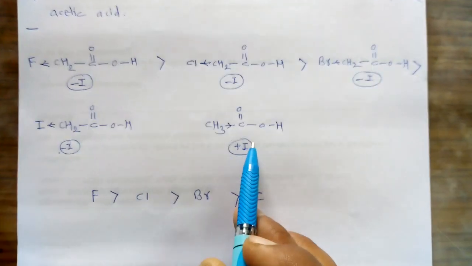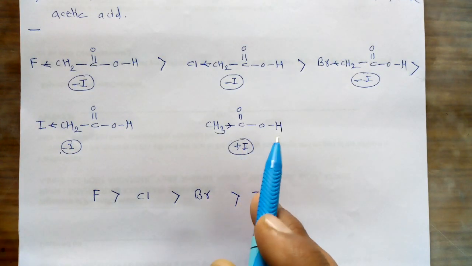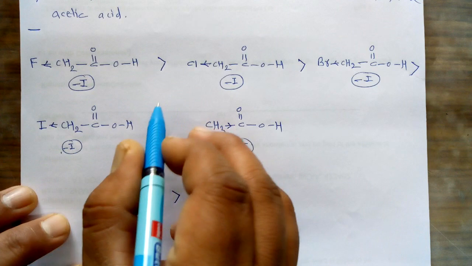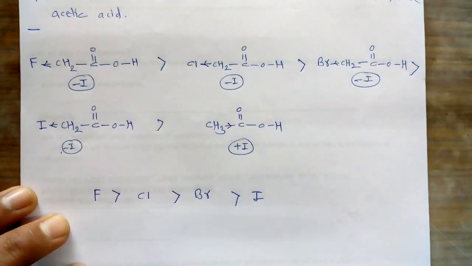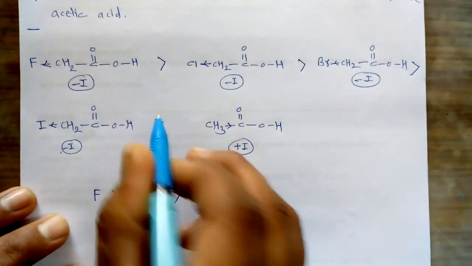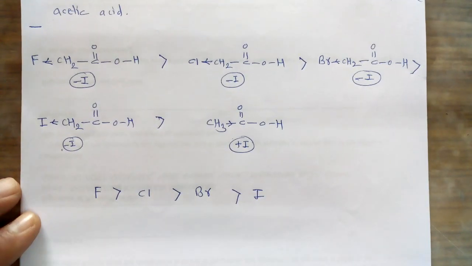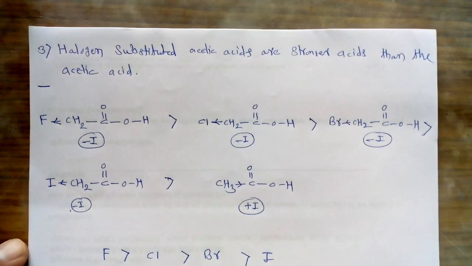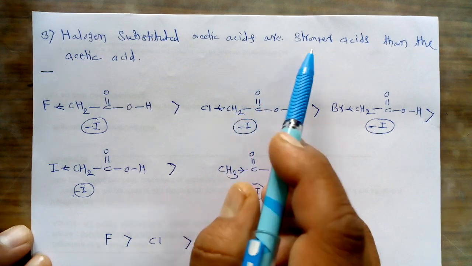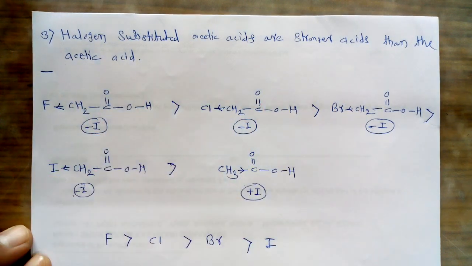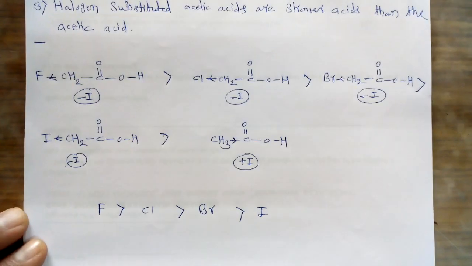But in this case, due to the plus I effect, that conjugate base gets destabilized, and that's how we can say that iodoacetic acid is more stable than simple acetic acid. And this is the reason why these halogen substituted acetic acids are stronger acids than acetic acid. So this is the explanation for that particular question.